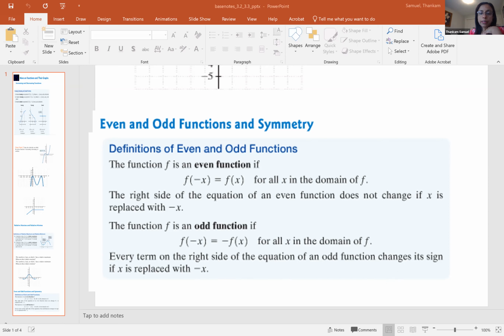So let's look at some examples. Consider the function f of x equals 2x to the 4 minus x squared plus 1.